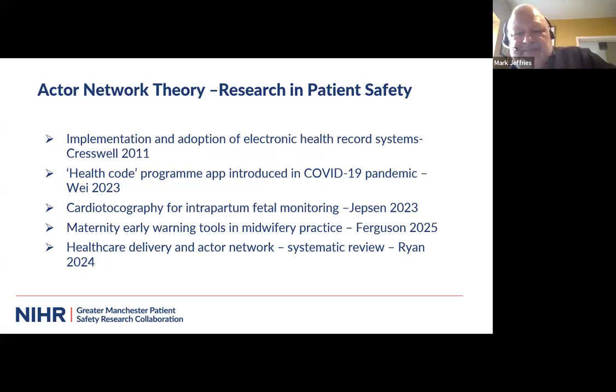the cardiotocography for intrapartum fetal monitoring paper, Jepson 2003. They took an actor network approach, and they found that the technologies were almost like a character within the network, and the technologies allowed for different roles within the network. So the technology was a babysitter, because it is monitoring the mother during birth, as I understand.